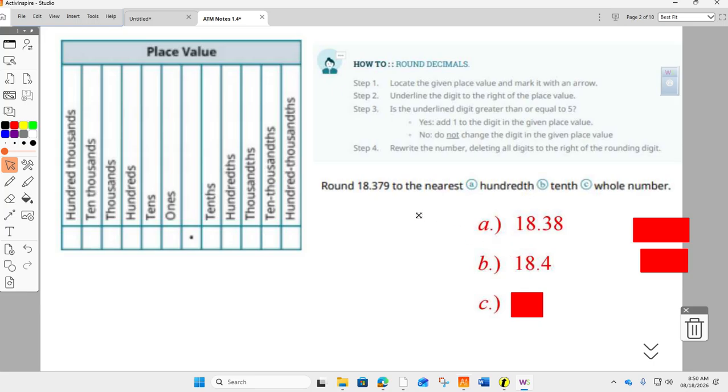And now the whole number. The nearest whole number is going to be the 1s place. If you want to make yourself a note, 1s or whole number, that's going to be the same thing. So we look at that value. 1s is also nearest whole number.